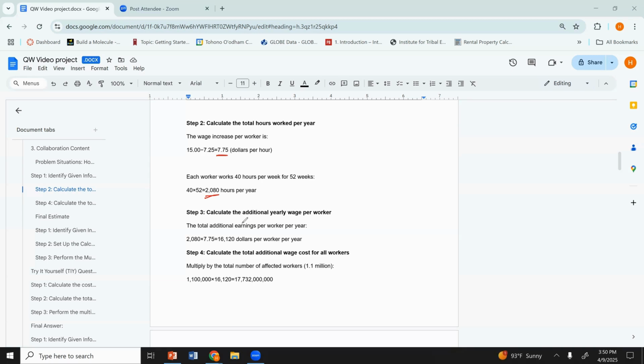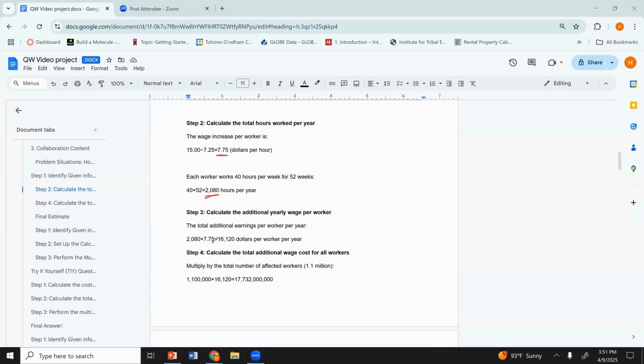That's going to be 2080 times 7.75, because 2080 is the hours each worker is clocking in a year, and 7.75 is the difference between 7.25 and 15, right? One year worth of work is 2080 hours.